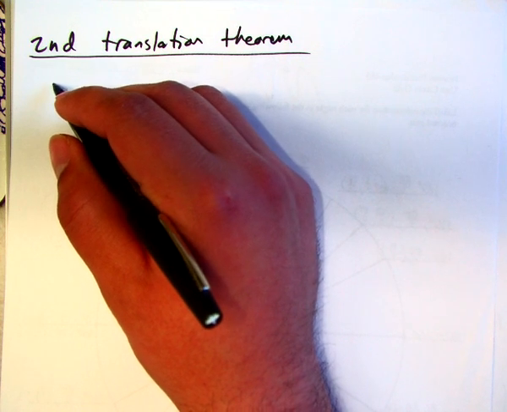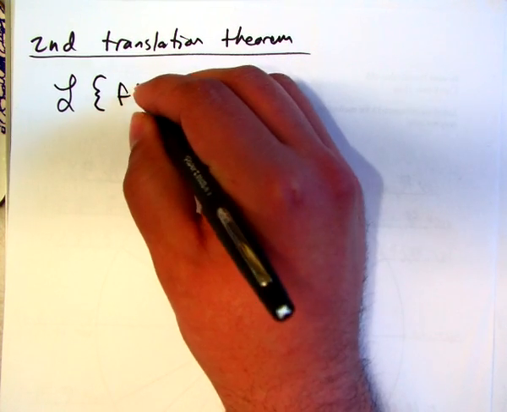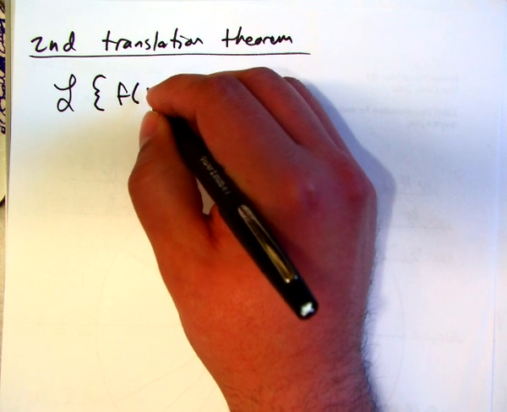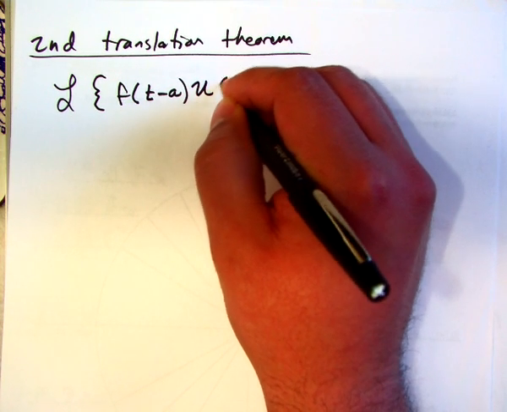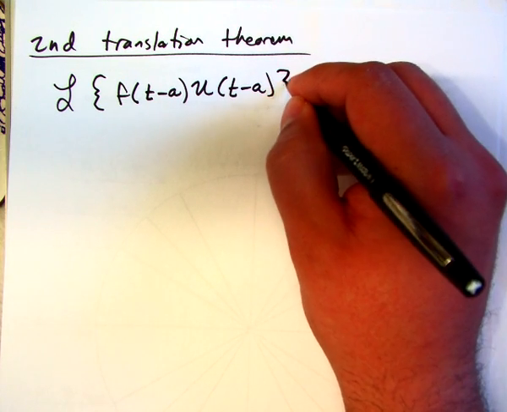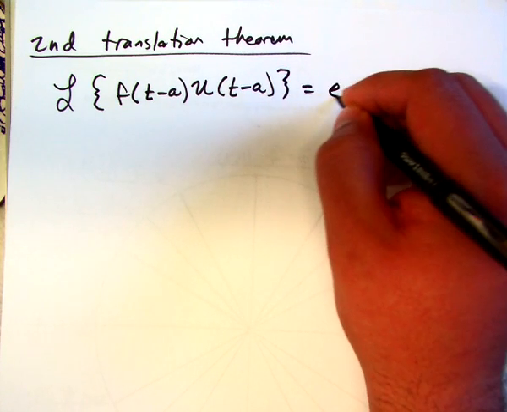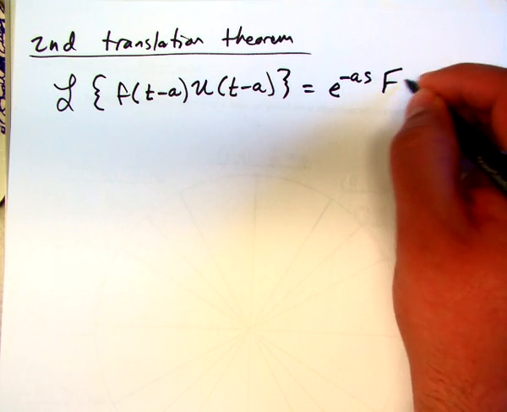The Laplace transform of some function of t minus a times the unit step function of t minus a is equal to e to the negative as capital F of s.